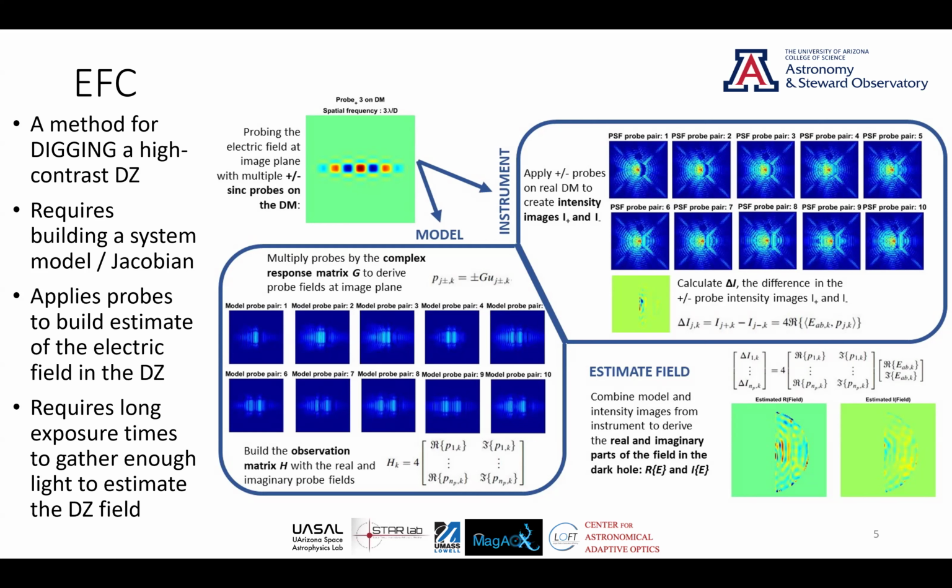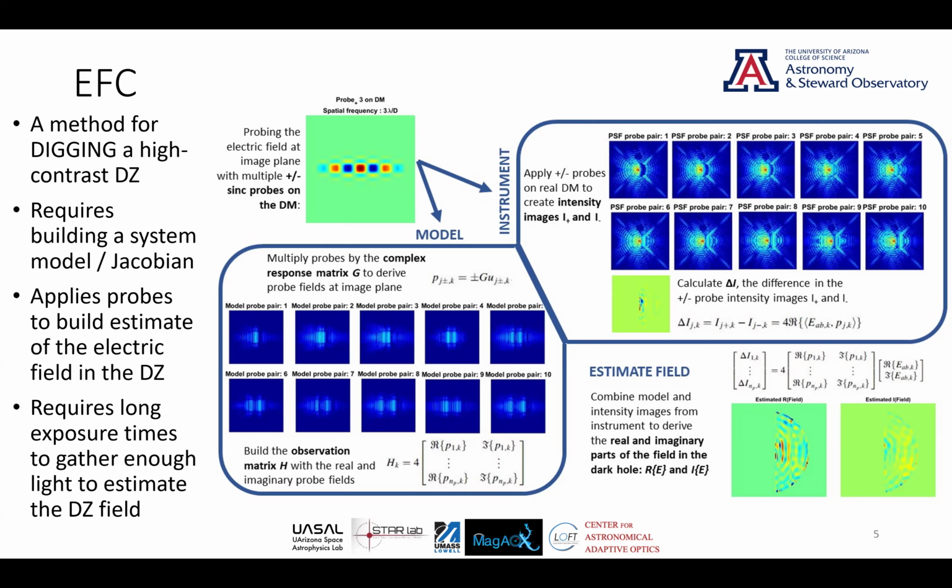But anyways, if you can see in this very poor resolution image at the top right, as you apply probes in that dark zone area to estimate the field, to basically rederive the conjugate to get back to your initial dark hole high contrast state, you are throwing light back into the dark zone.